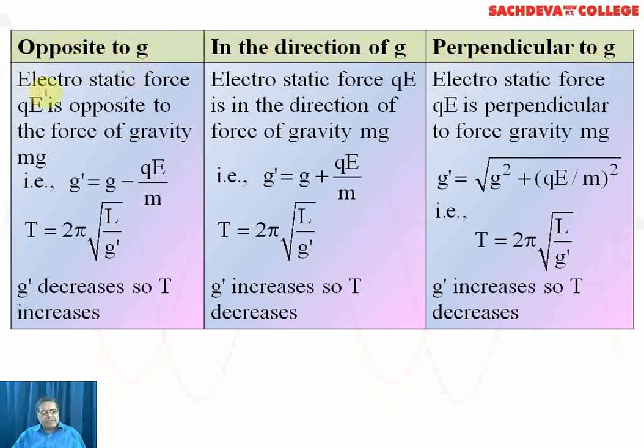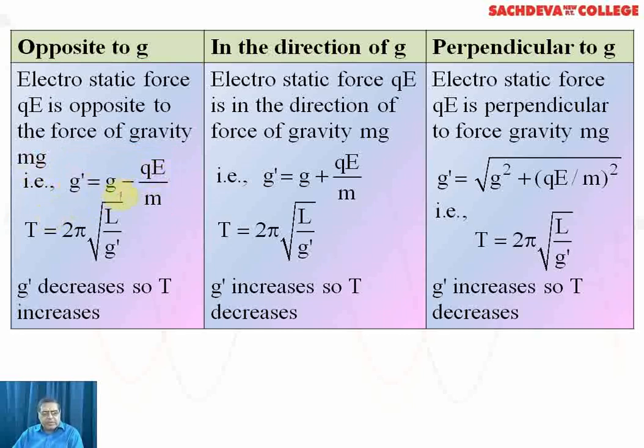Three different cases are there. In the first case, when it is opposite to g, the electrostatic force is QE. How did we get QE? Because electric field is F over Q, so F is equal to EQ. It is opposite to the force of gravity, which is mg. From that we get the value of g dash, that is g minus QE over m.